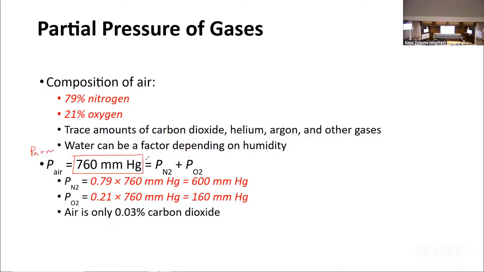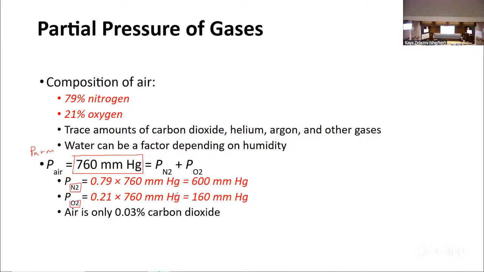So that atmospheric pressure is made up mostly of pressure coming from nitrogen, pressure coming from oxygen. And to find the partial pressure of each of those gases, right? You're still going to have a big P for pressure.